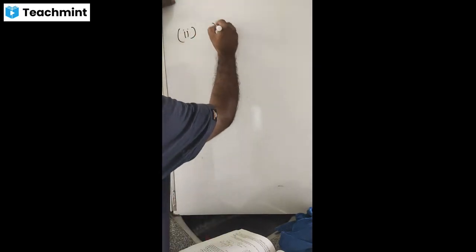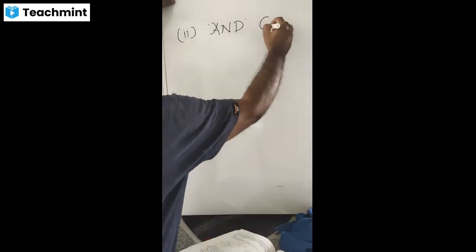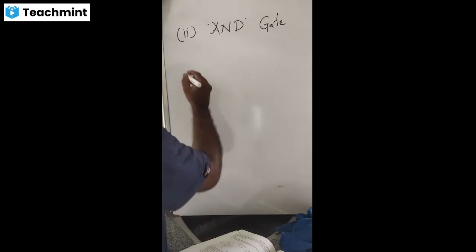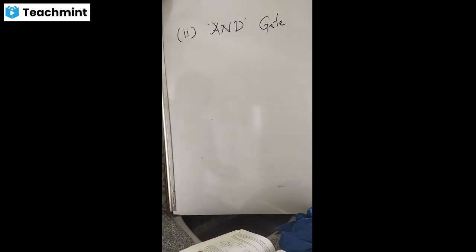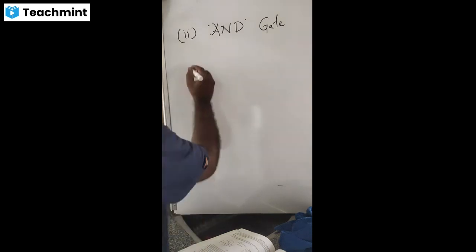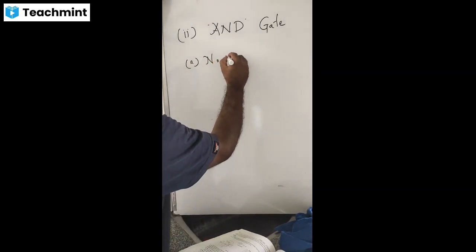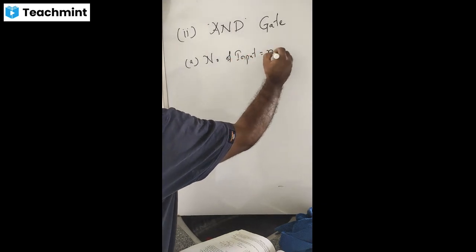Second one, AND gate. So, as we wrote in OR gate, all you have to go on writing. First, number of inputs, N equal to 2.